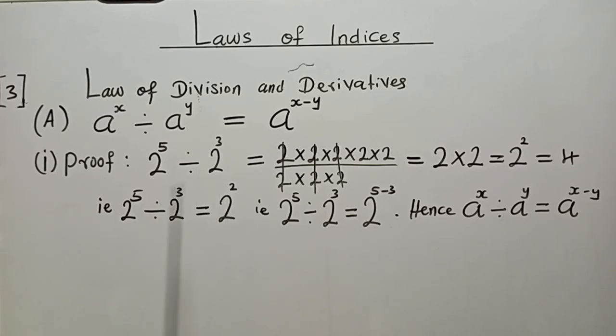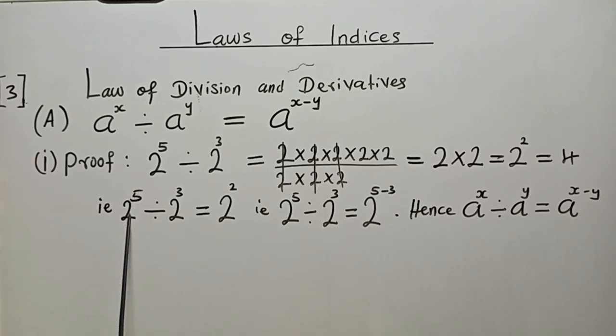Therefore, check these 2 and check 5 and 3. The base remains the same thing, 2, 2, 2 everywhere. But how these 5 and 3 became 2 can be worked out. We can deduce that this 5 and 3 became 2 by saying 5 minus 3.